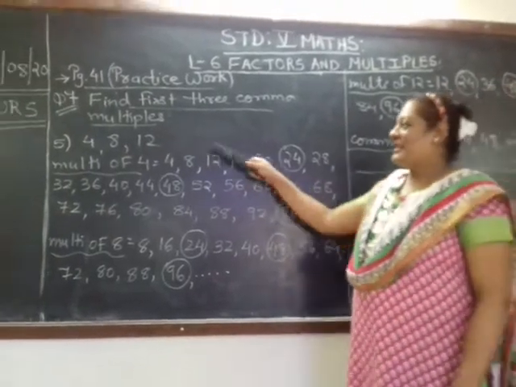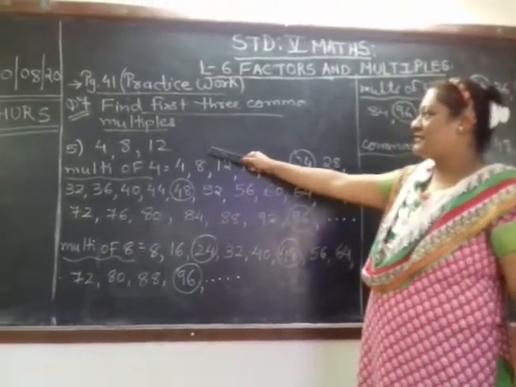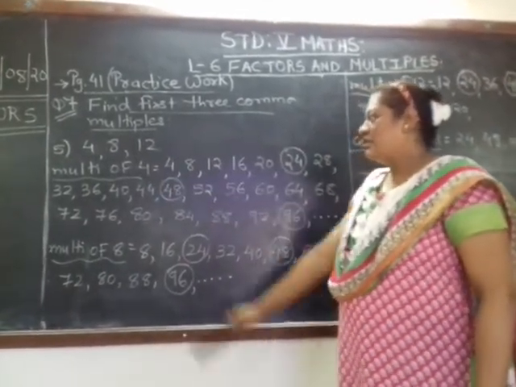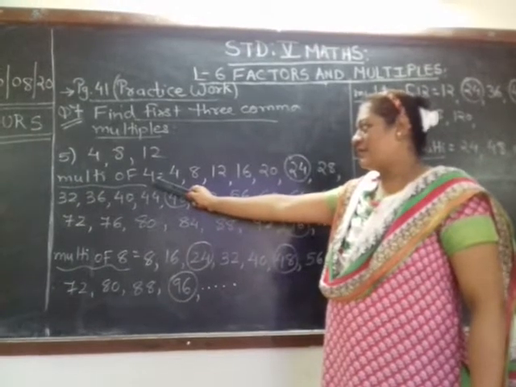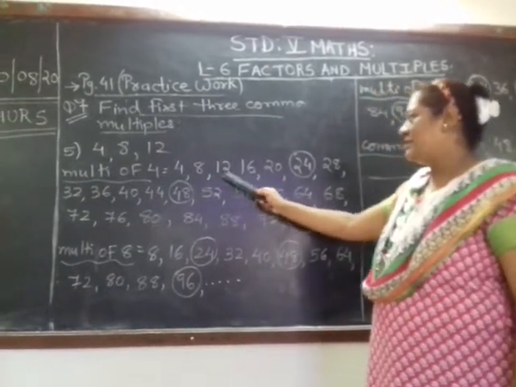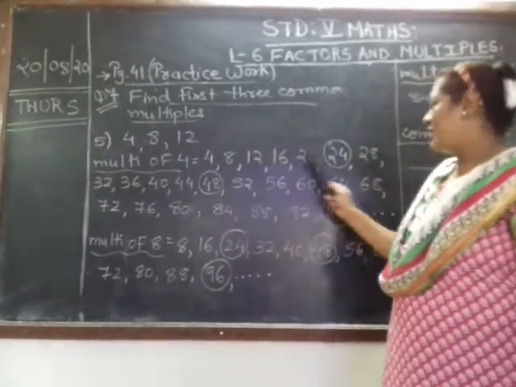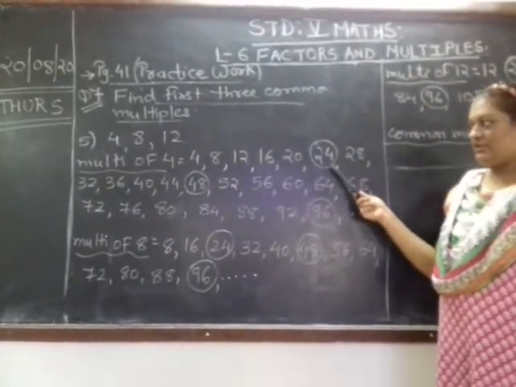Okay, the last sum for first three common multiples, question number 7 on page 41. Number 5, 4, 8 and 12. So first write the table of 4, that is multiples of 4. So 4 ones are 4, 4 twos are 8, 4 threes are 12. Till 40 you can find it out. But till 40 I am getting only one common multiple, so that will not work.